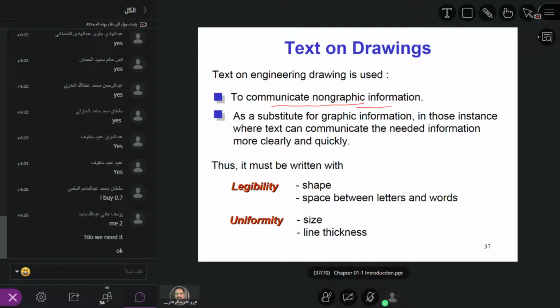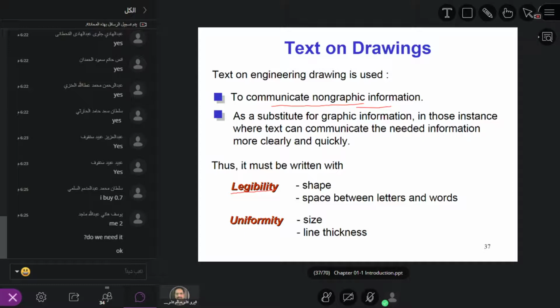It should be very, very legible, because remember, whenever you make a drawing, it is not meant for you. This drawing is meant for someone else who would try to understand your drawing. It is basically a communicating tool.